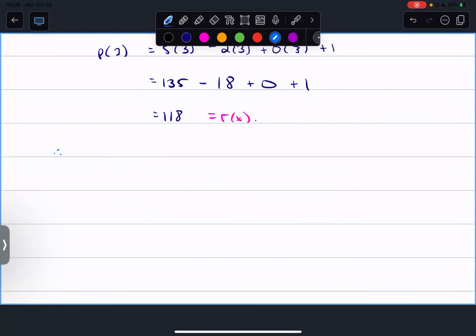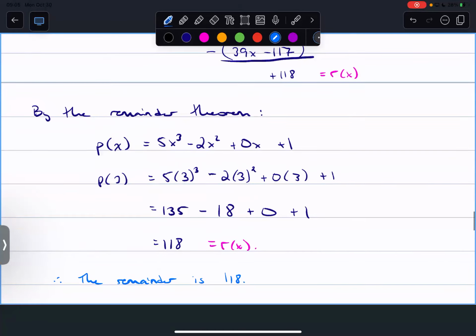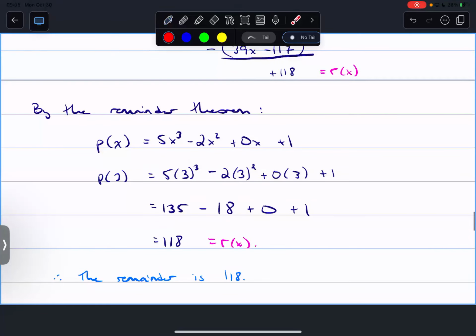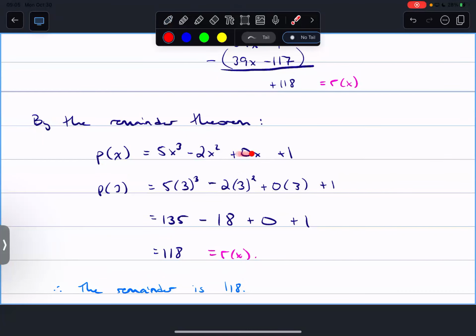So therefore, the remainder is 118. So what does that mean? That means we can rewrite this polynomial, right?